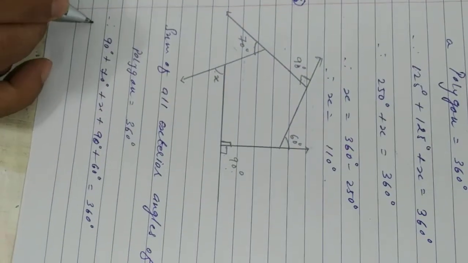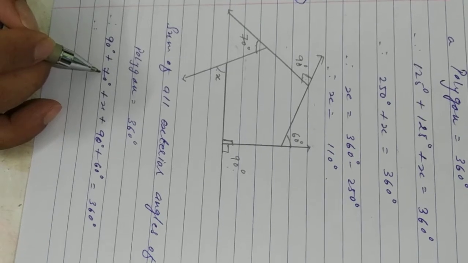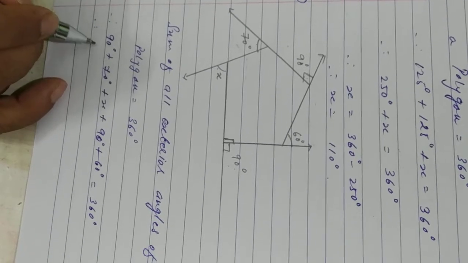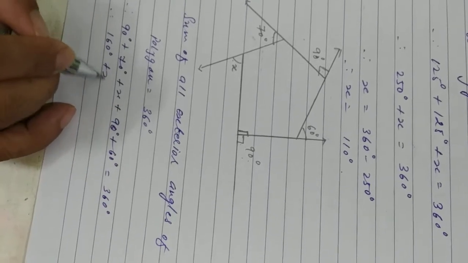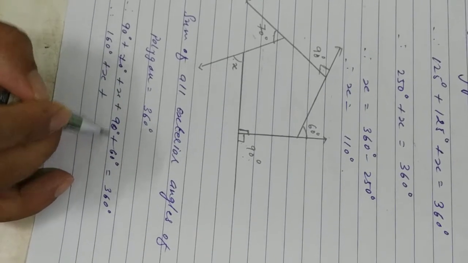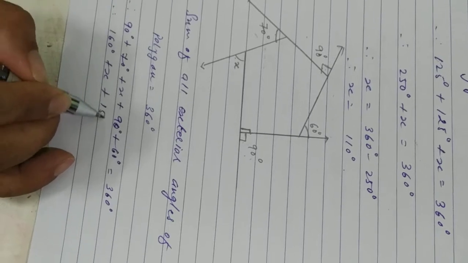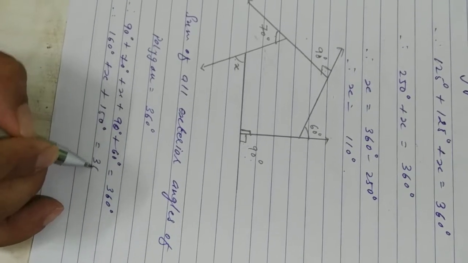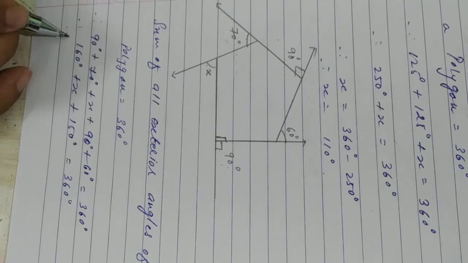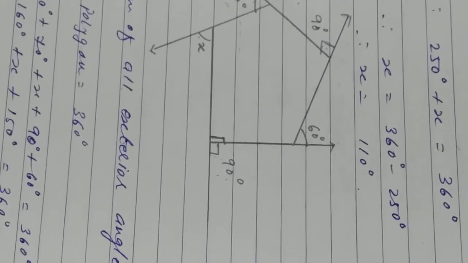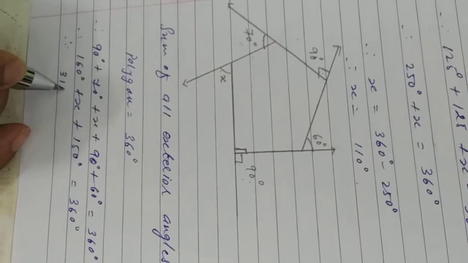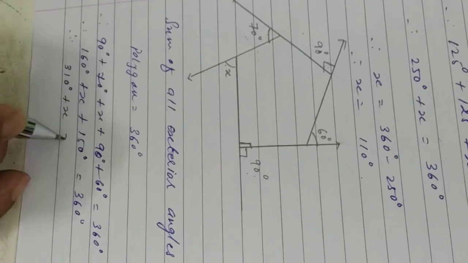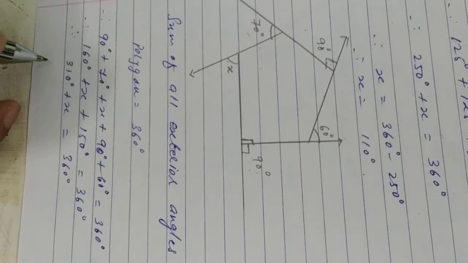Now let's see. 90 plus 70 is 160 degrees, right? Plus x plus 90 plus 60, 9 plus 6 is 15, so 150 degrees, is equal to 360. Therefore, 160 plus 150 is 310 degrees, plus x is equal to 360 degrees.